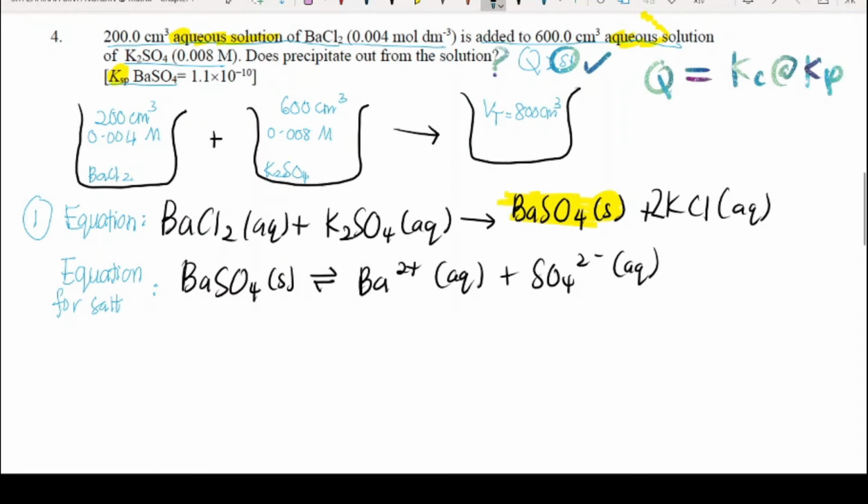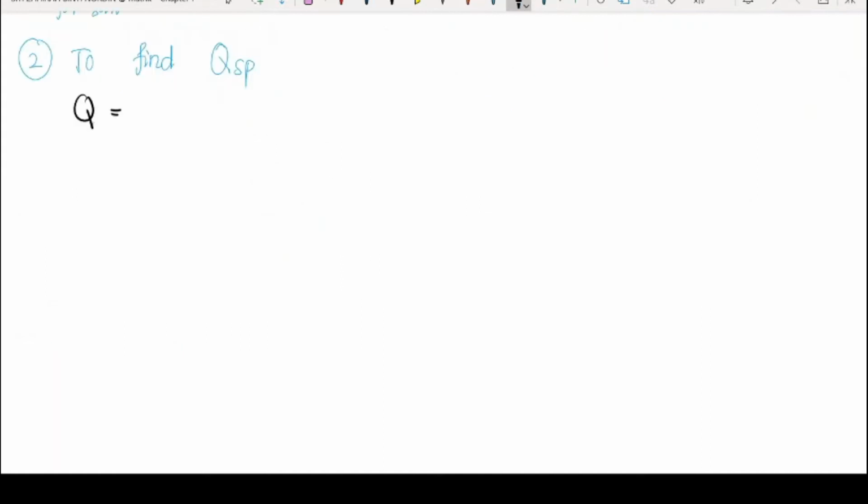So it is the same case for 7.3. So the second step is to find your Q, which is Qsp. It has the same expression as Ksp, which is the multiplication of Ba2+ with SO4 2-.